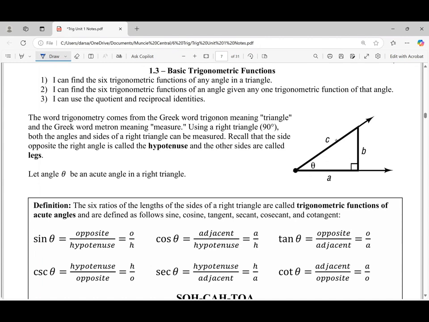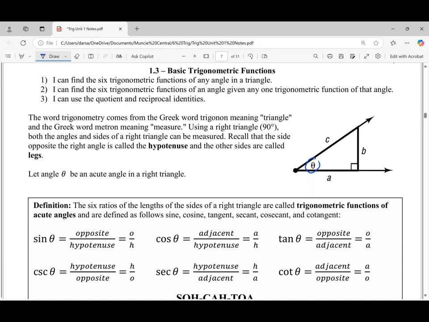If you look at a right triangle, what do we call this side of the triangle that is opposite of the 90-degree angle? Do we remember? That is called the hypotenuse. So both of the angles that we could be interested in, this guy and this guy, are always going to be next to the hypotenuse.